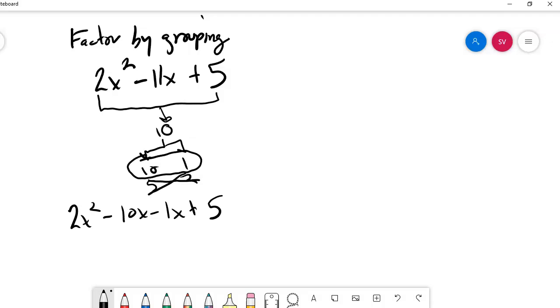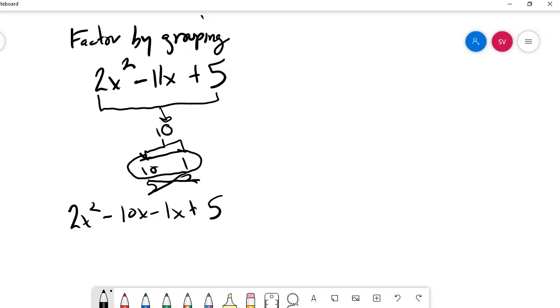So this right here and this are exactly the same thing. All I did was I took my minus 11x and expanded it out to be reflective of my factors of 10 and 1. So I set it up like this because minus 10x minus 1x will give me minus 11x.